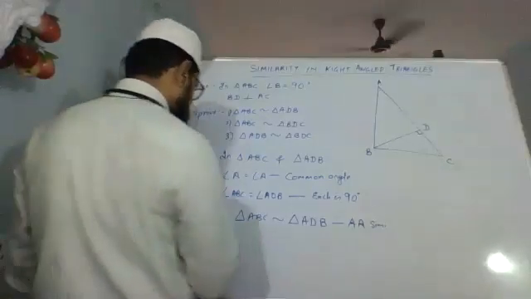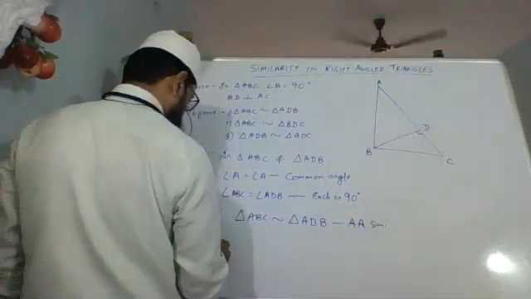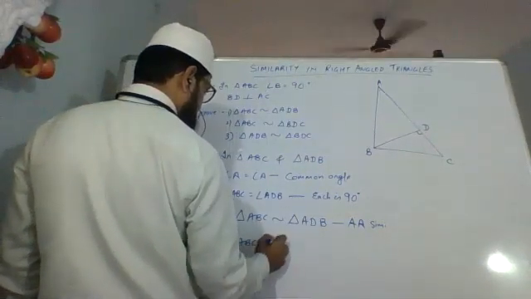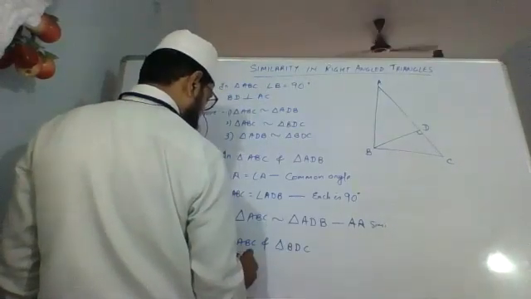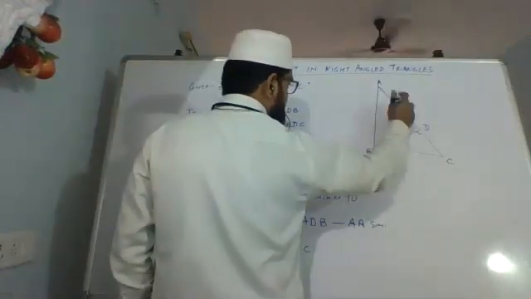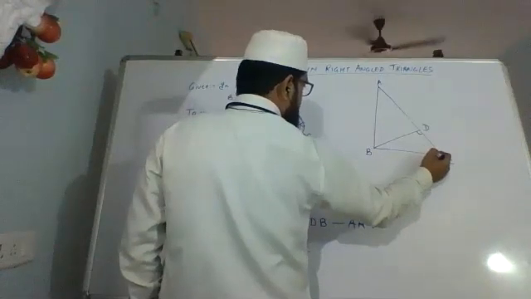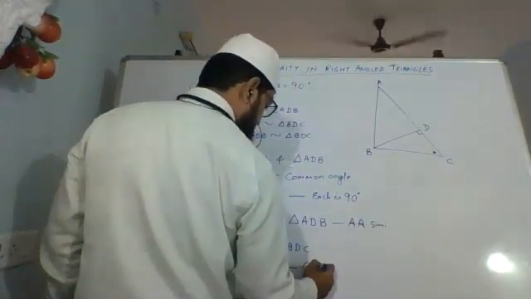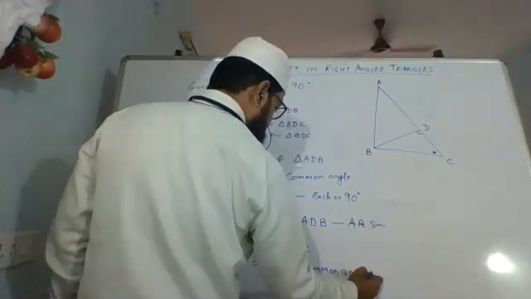Now let's look at ABC and BDC. In triangle ABC and triangle BDC, angle C equals angle C. Whether I say triangle ABC or triangle BDC, it is still this angle. Both are the same. Angle C is the common angle.